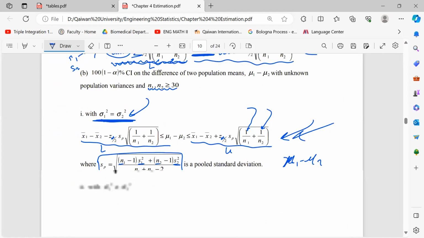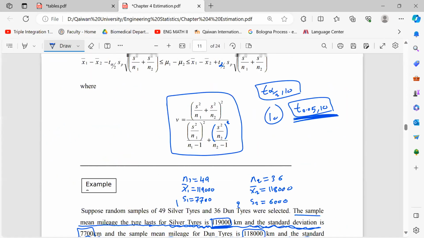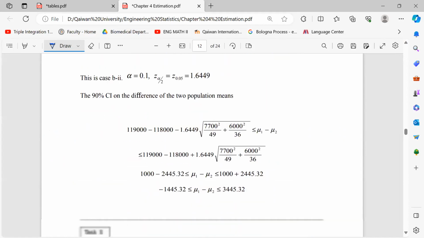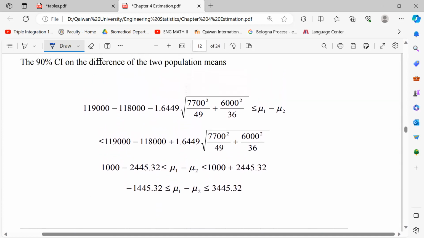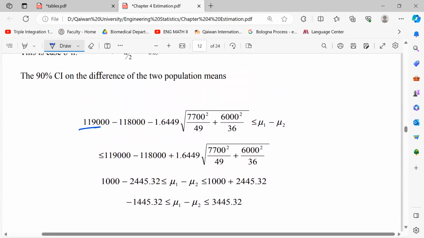You just need calculation to get the result. This is X1 bar, this is X2 bar, and this is Z of alpha over 2 times the square root of sigma 1 squared over N1 plus sigma 2 squared over N2. That's the left-hand side. For the right-hand side, just change this negative to positive.